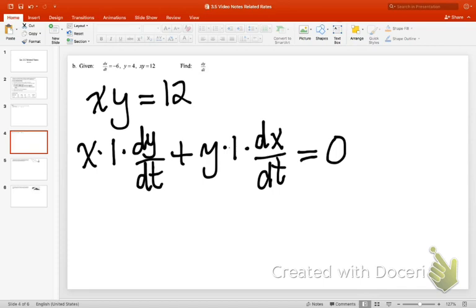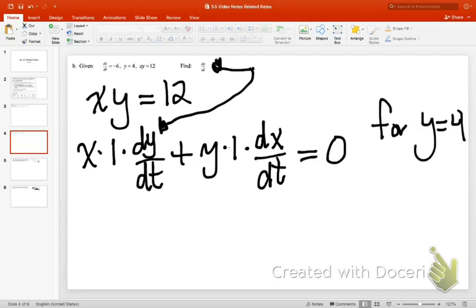So the thing that we are trying to find, again, is dy/dt, which you can see is right here. So now that we've taken our derivative, we can substitute in y equals 4, which was given, and dx/dt, which was given as negative 6.